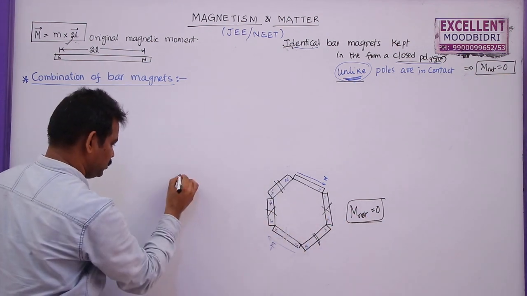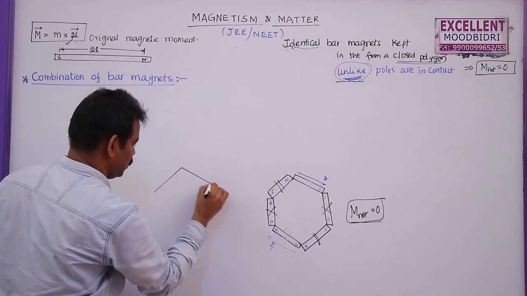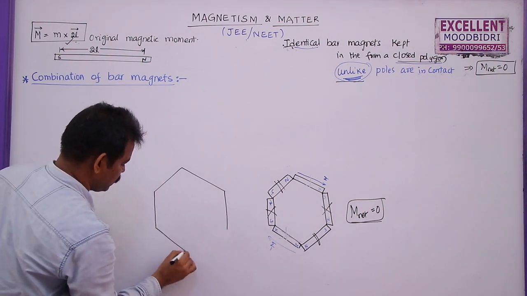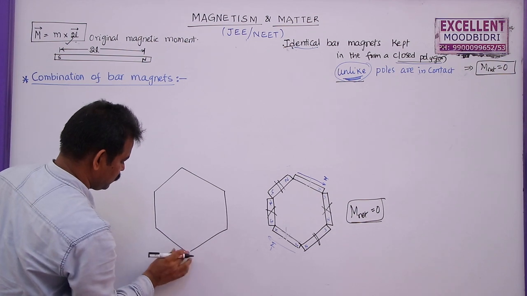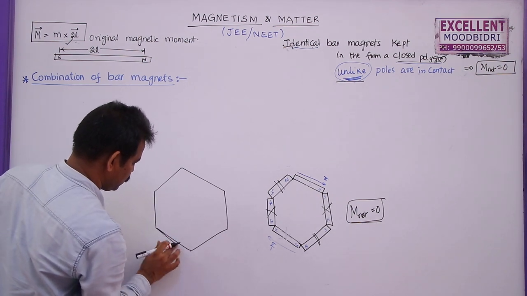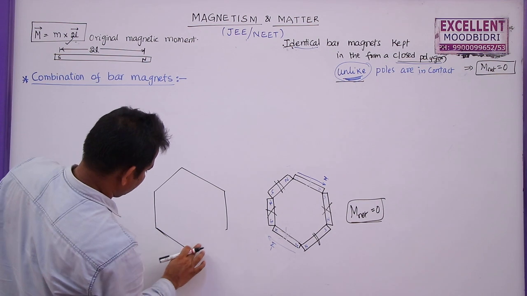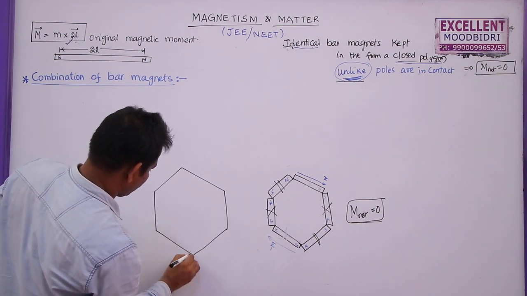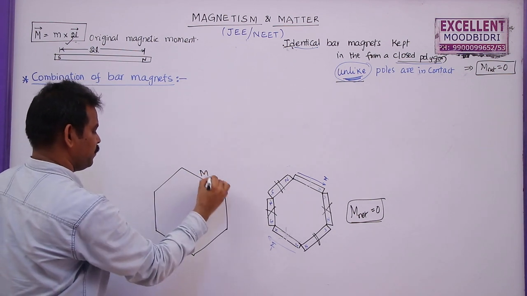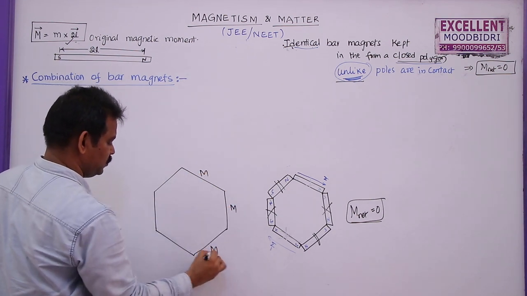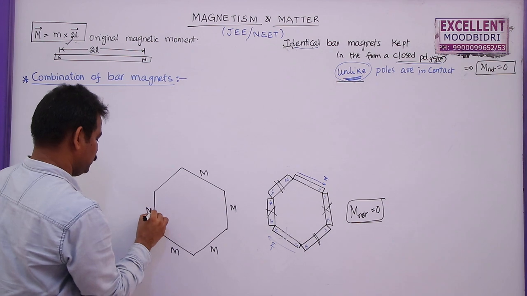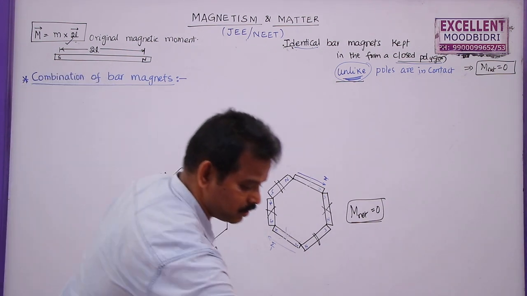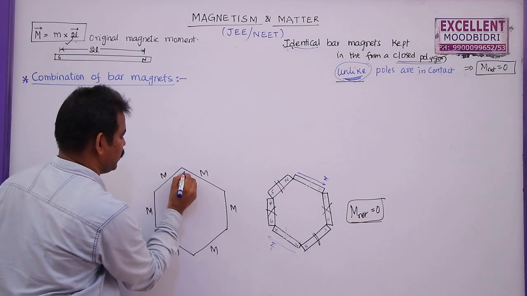So I am going to draw the same diagram here with a single line. So this is M, this is M, this is M, this is M, M, M. Here these are placed such that the unlike poles are in contact.